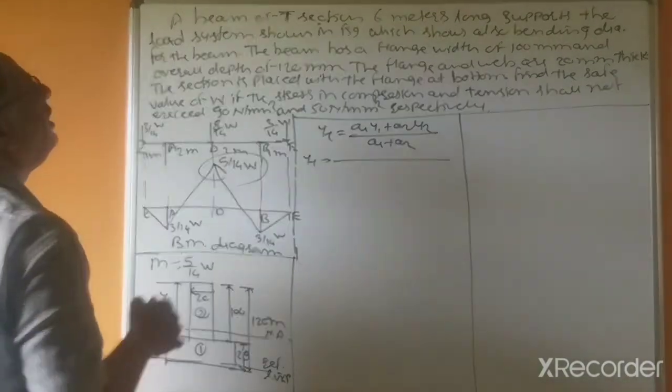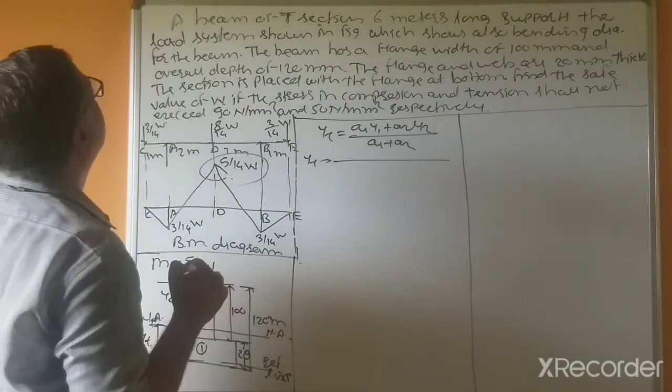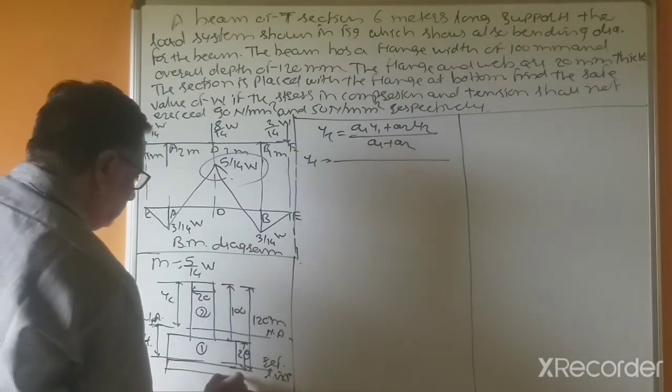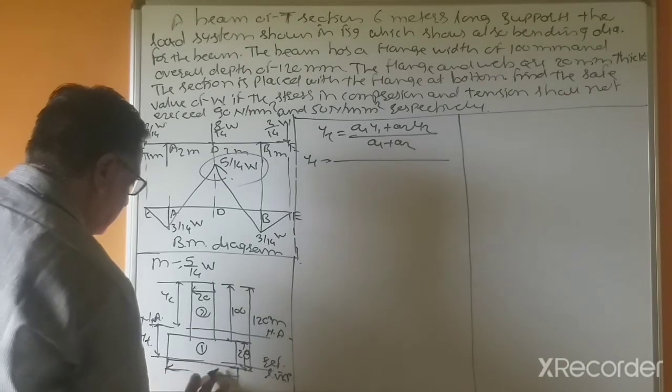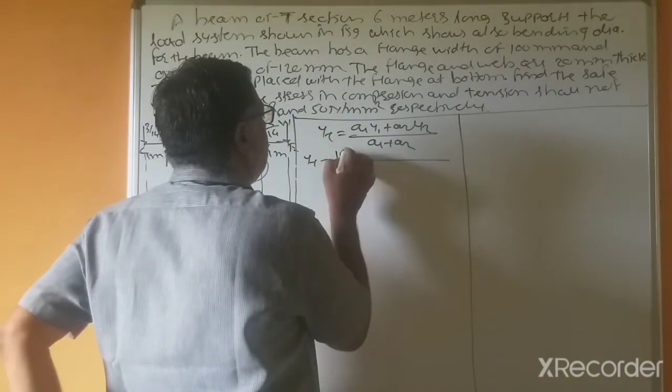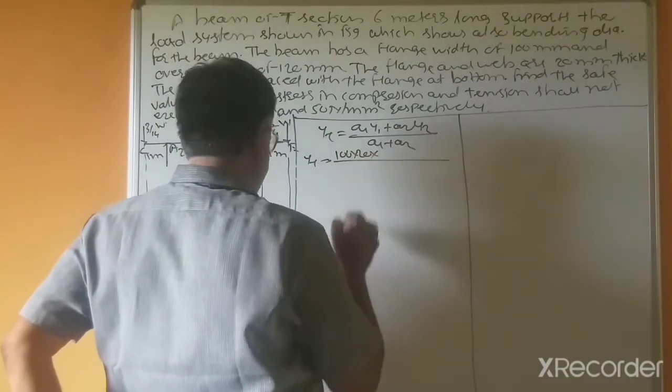And this is flange width of 100 mm. 100 into 20.